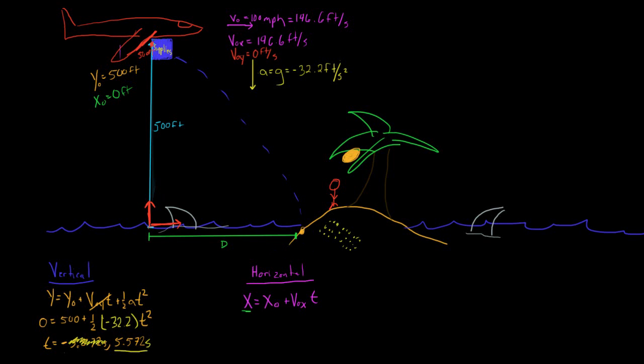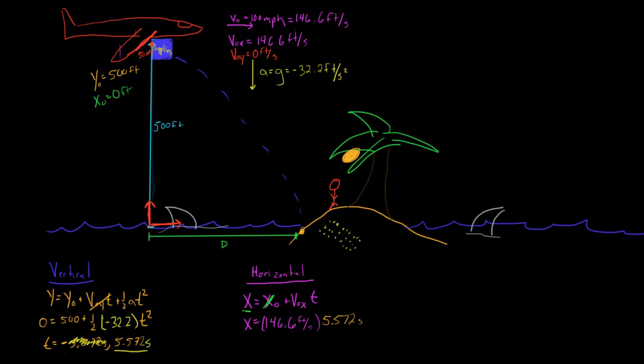So if we fill in what we know, we have 0, so this term just goes away, and we have x is equal to our velocity in the x direction, which is 146.6 feet per second, times our time, which is 5.572 seconds.